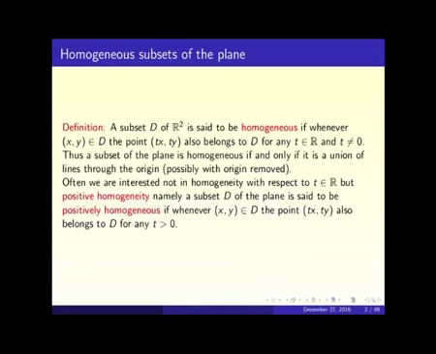In the earlier case, for a homogeneous domain, we want t times (x, y) to belong to D for all t not equal to 0. This time we are requiring it only for positive t. So let us call such a domain a positively homogeneous domain. So we got homogeneous domains and we got positively homogeneous domains.